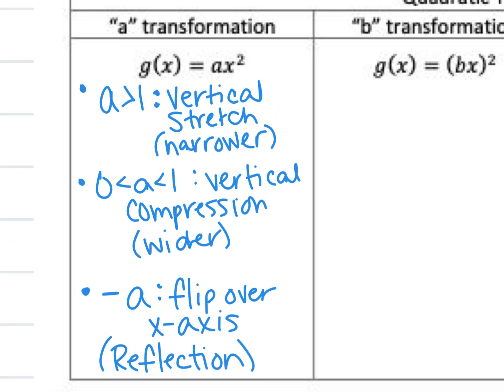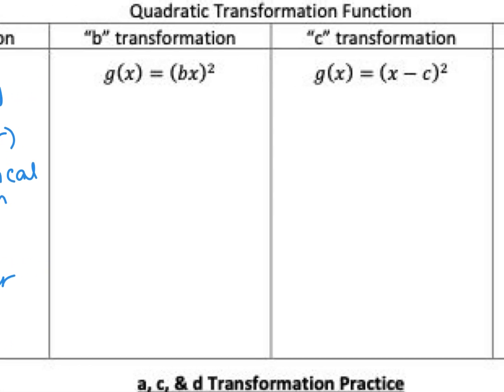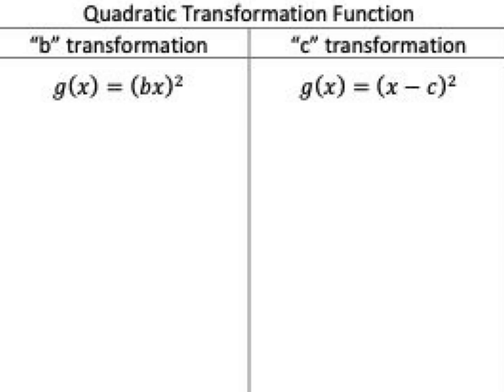So if you have a number in front of your f of x or your x squared, that's what it's going to do. We're going to worry about B tomorrow, but I do want you to notice that B and C are both in parentheses. So I'm just going to draw a little arrow between the 2 of these, and I want you to remember they are inside, and insiders, they lie.